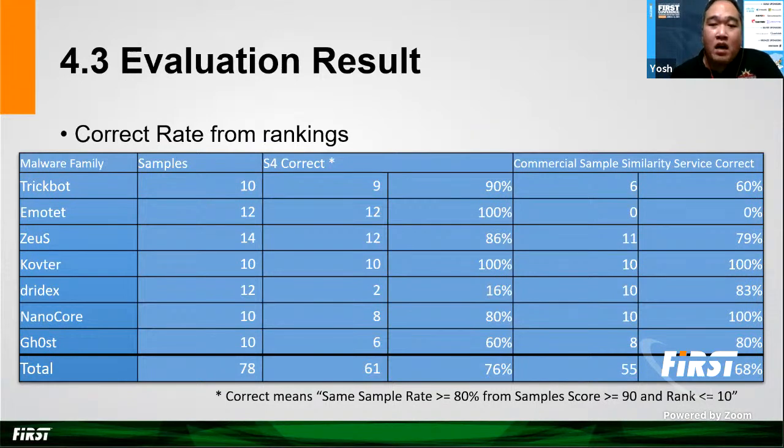So the value of the service cannot be measured by just this. The S4 total correct rate is 76%, which means that the accuracy of S4 similarity is comparable to that of commercial services.